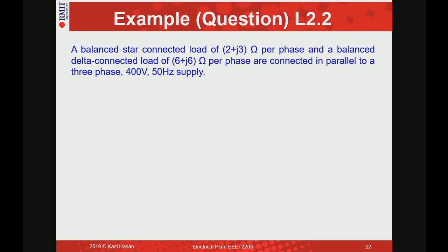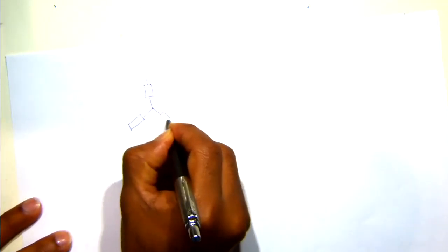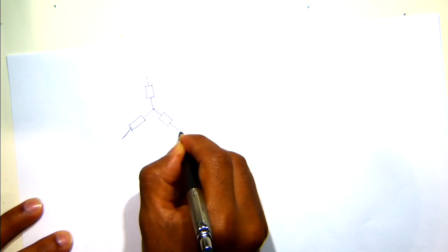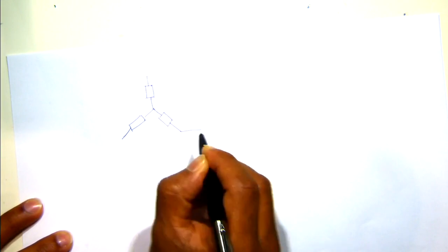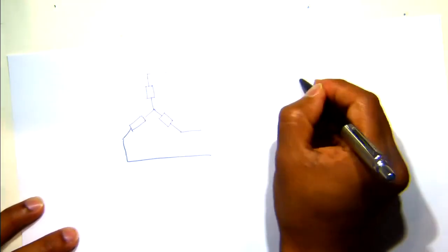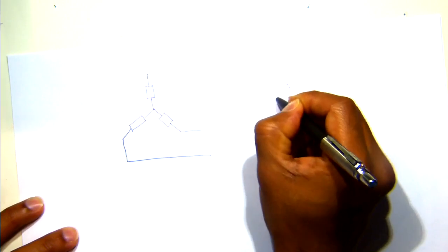Now what it says is that there is a Y connected circuit and there is a delta connected circuit.